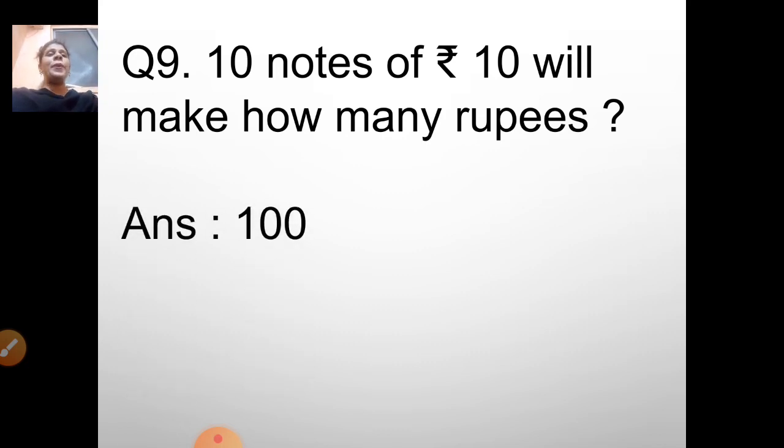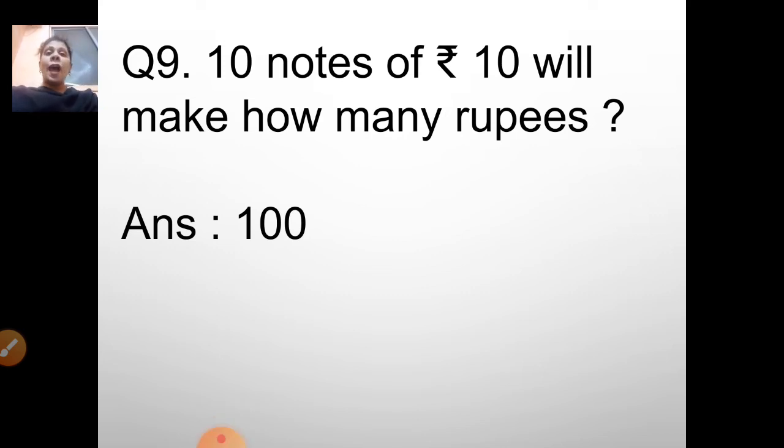Correct. So 10 notes of rupees 10 will make 100 rupees. 10 tens are 100.